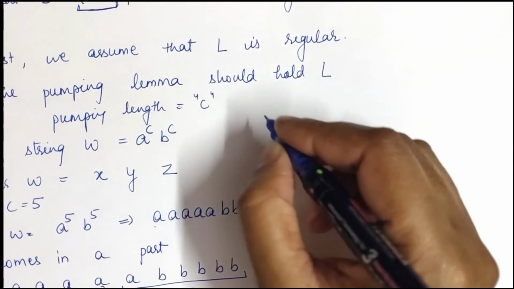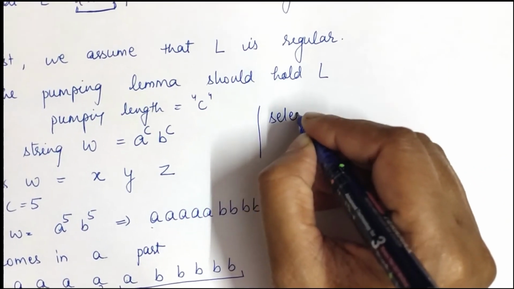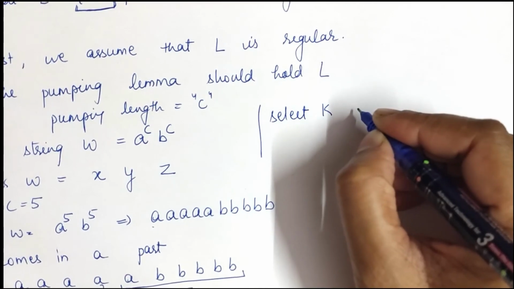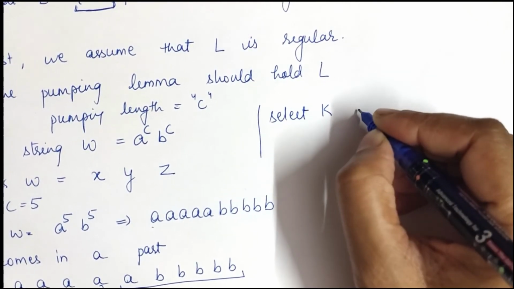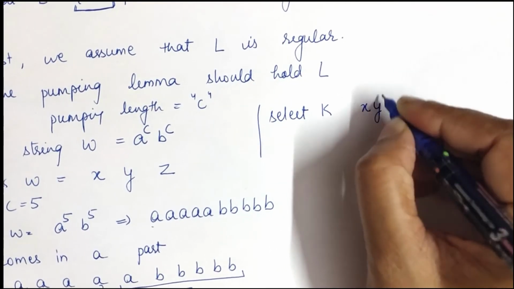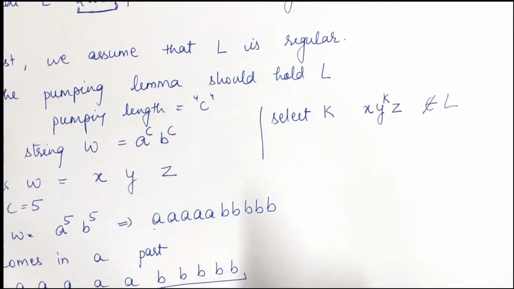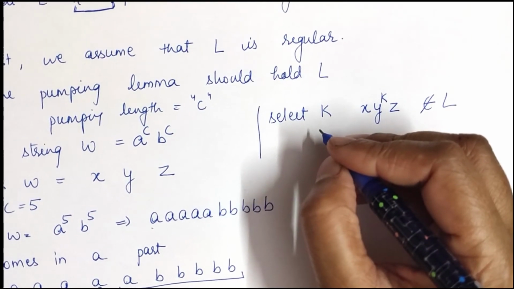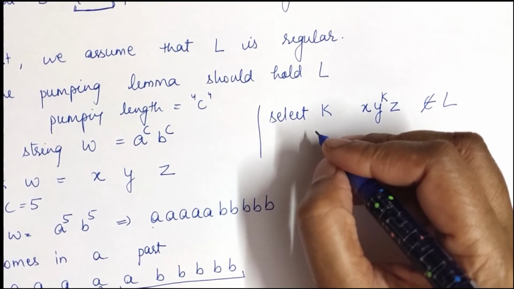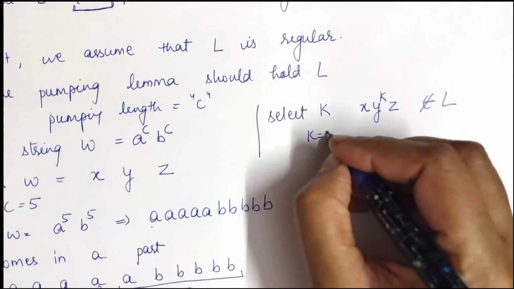We select k in the resulting string in such a manner that x y to the power k z does not belong to L. So I am taking k equal to 2.